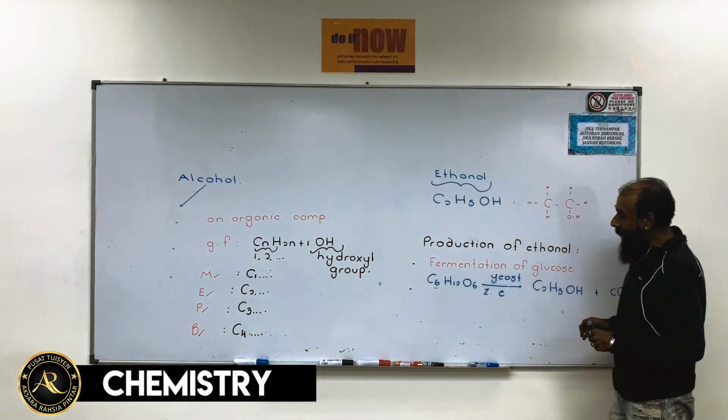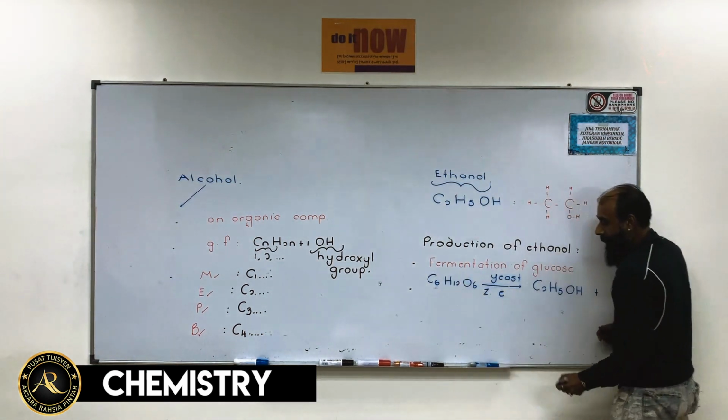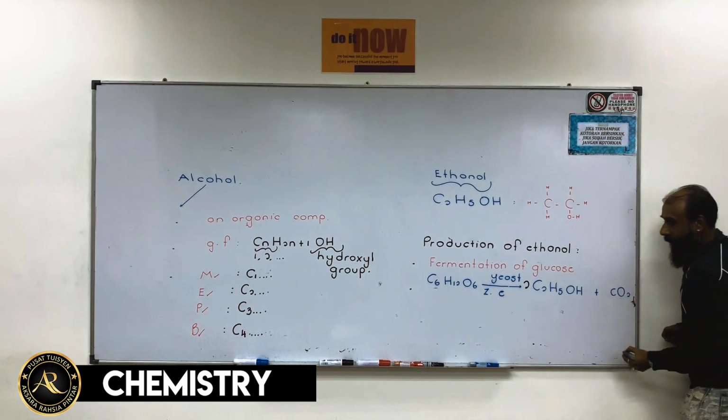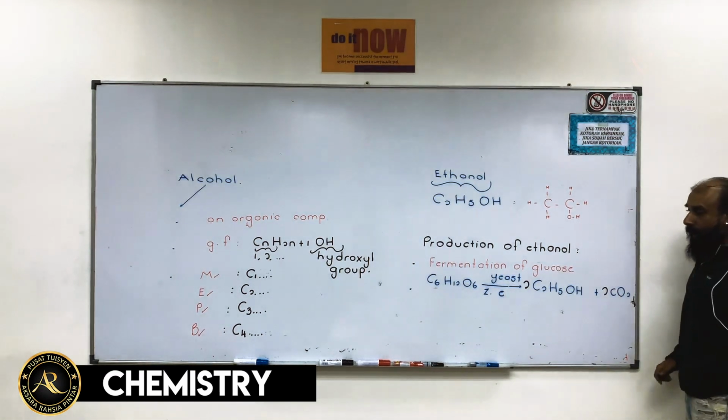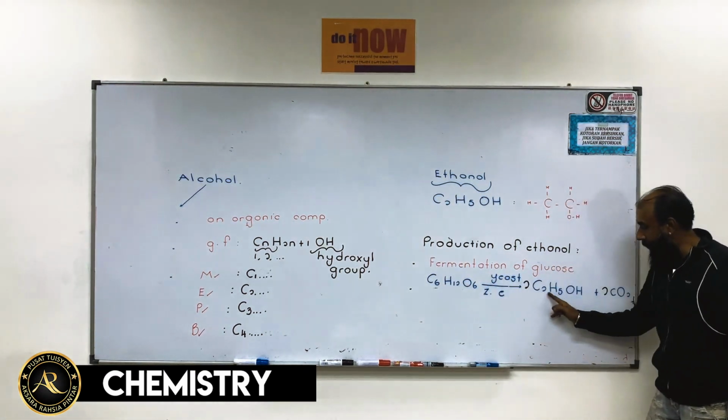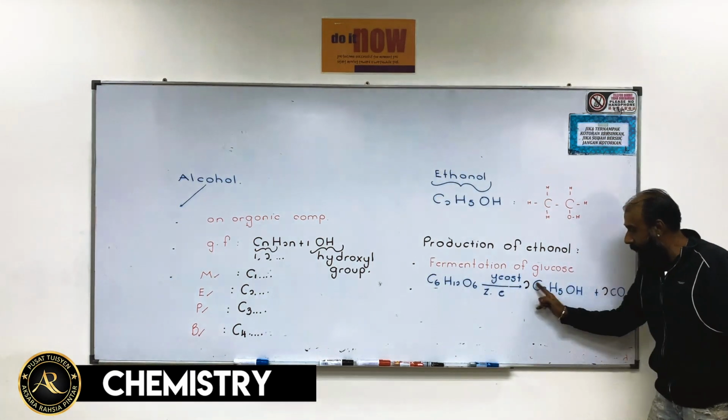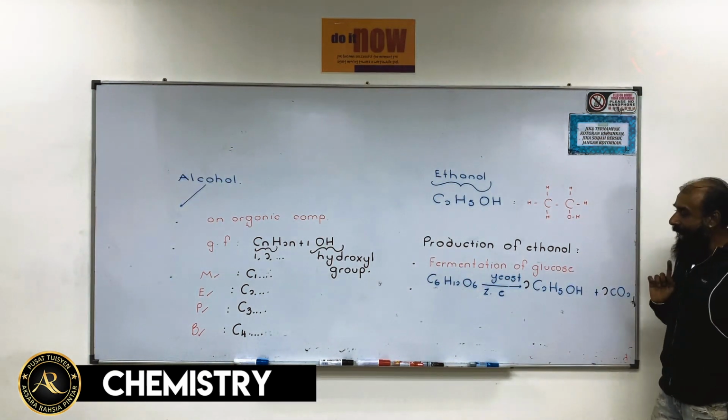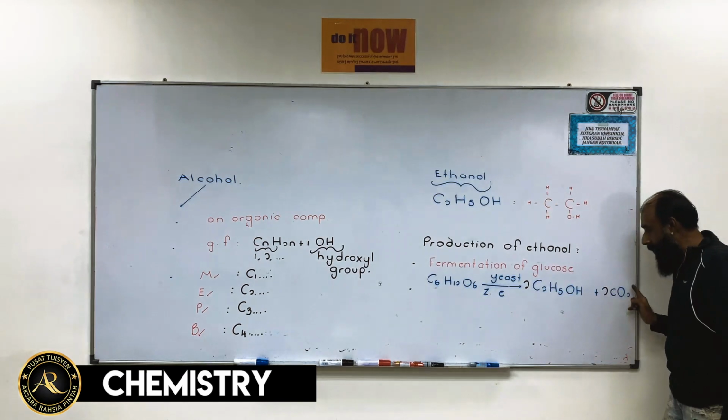How do we balance it out? 6 carbon, we put a 2 here, we put a 2 here. So it's balanced: 6 carbons, 12 hydrogens, 12 hydrogens, and oxygen 6, oxygen 6.